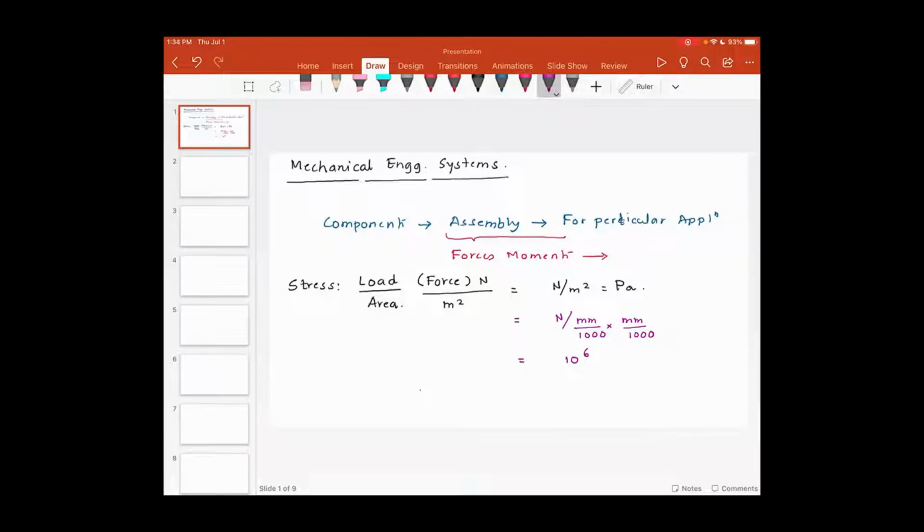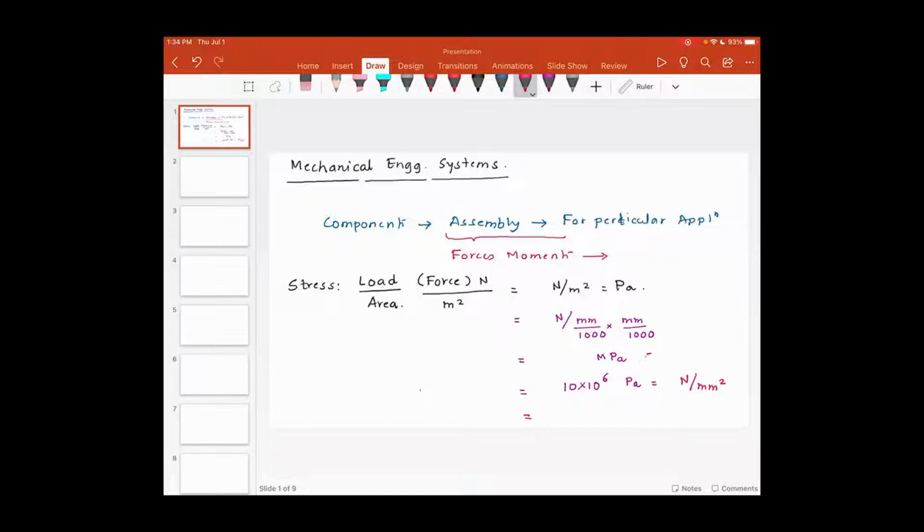So if you want to look at the unit conversion, if you have something like a megapascal, that is 10 to the power 6 pascals, which is equal to Newton per millimeter square.